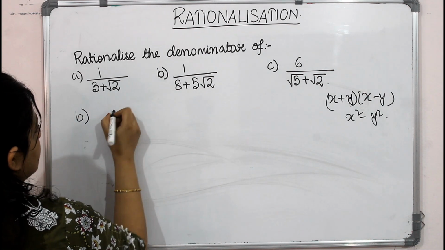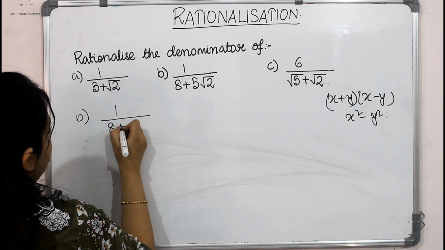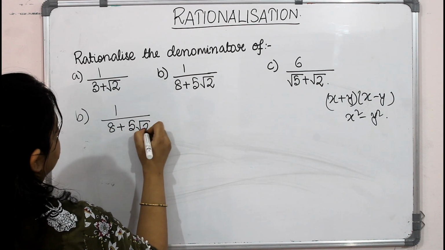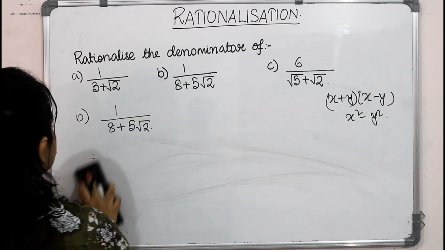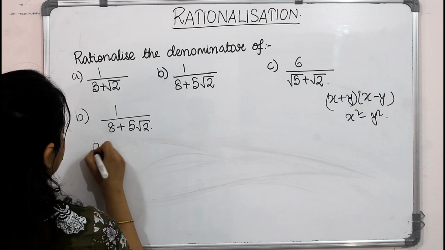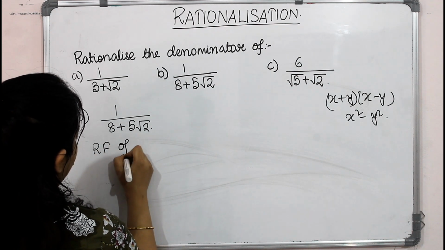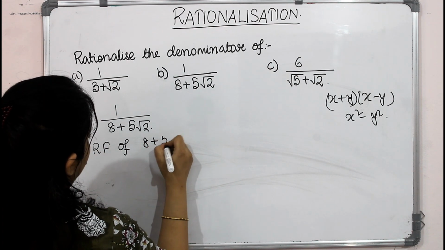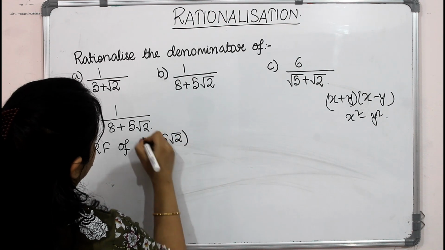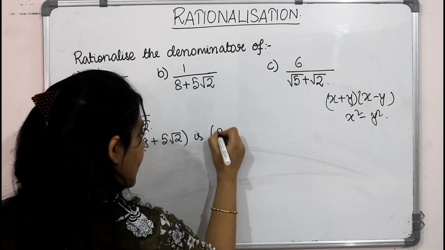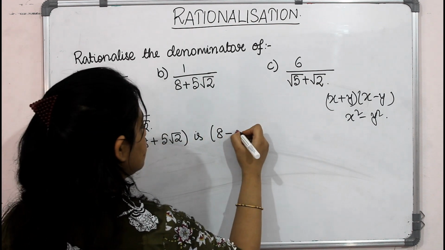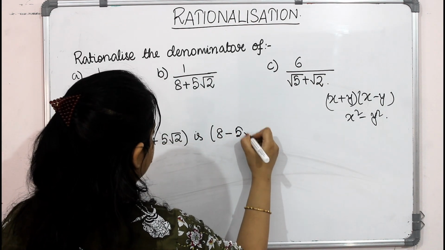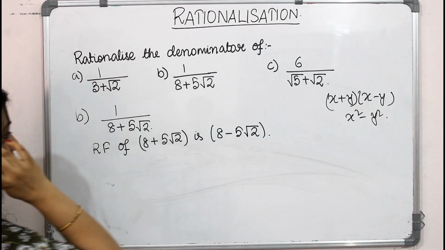So this is B. B is 1 by 8 plus 5 root 2. So 1 divided by 8 plus 5 root 2. The rationalizing factor of 8 plus 5 root 2 is what? 8 will remain as it is, plus will be changed into minus, minus 5 root 2.